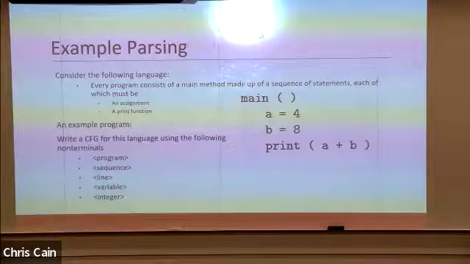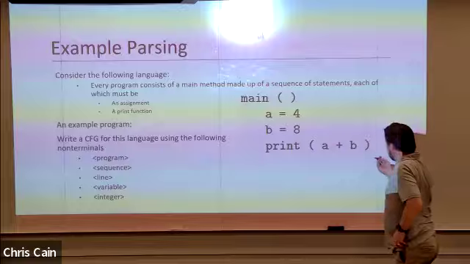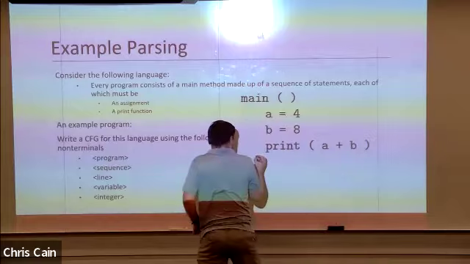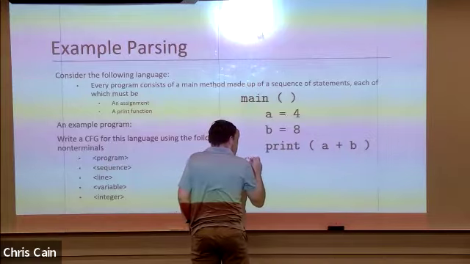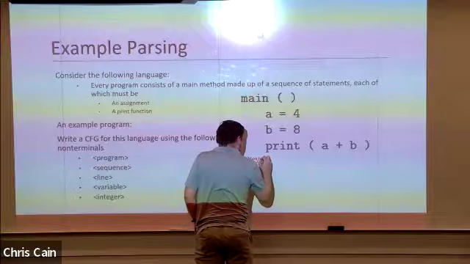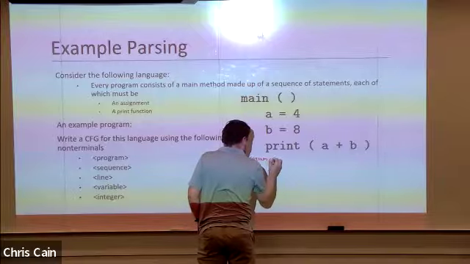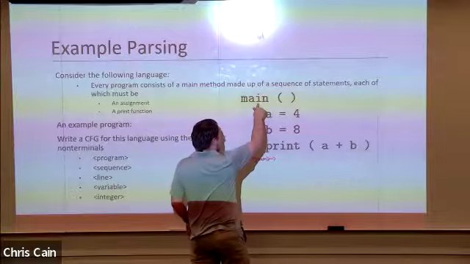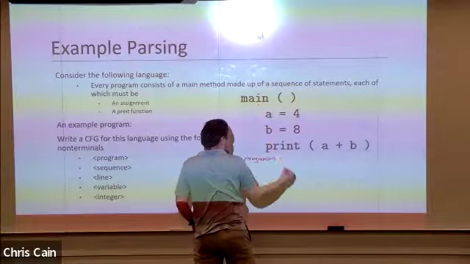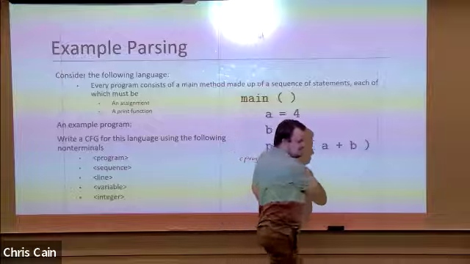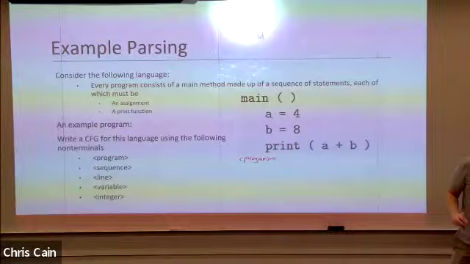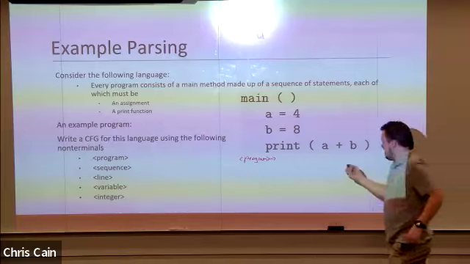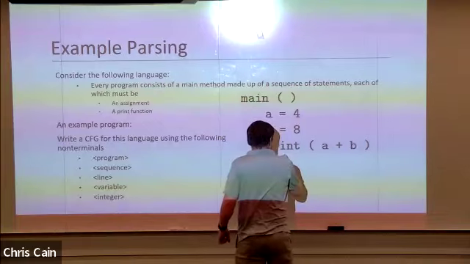So maybe I'll give you the first line. We know this starts with the concept of a program. So every program must be defined in terms of, we say that we get this main. So we expect to see this token main. It's not a non-terminal, it's a terminal.